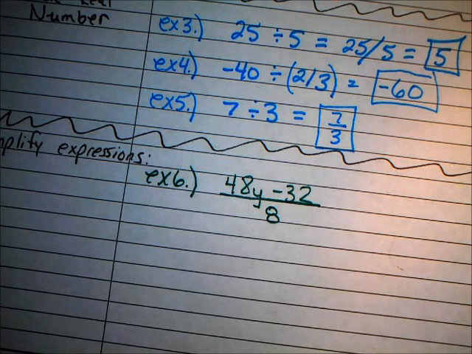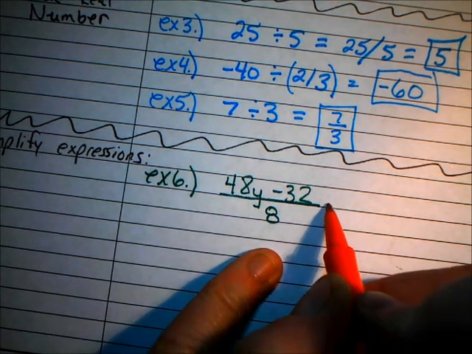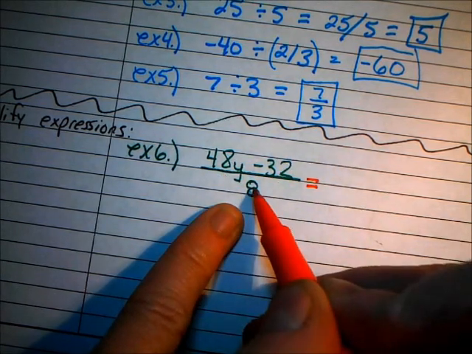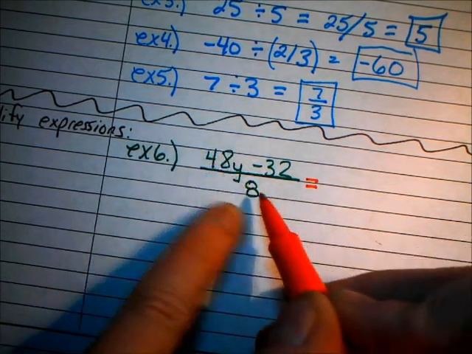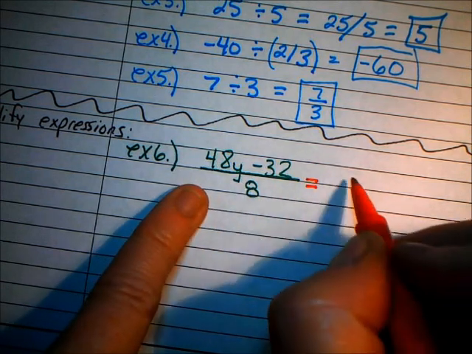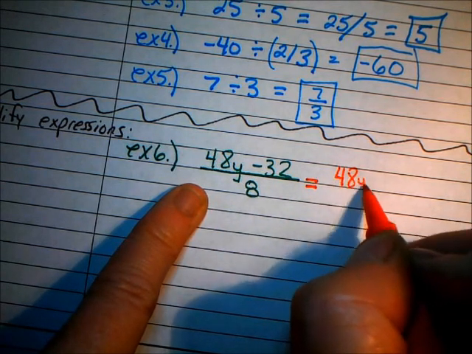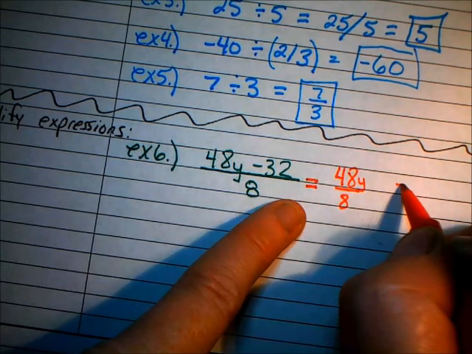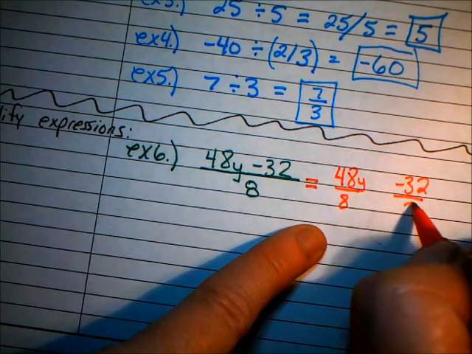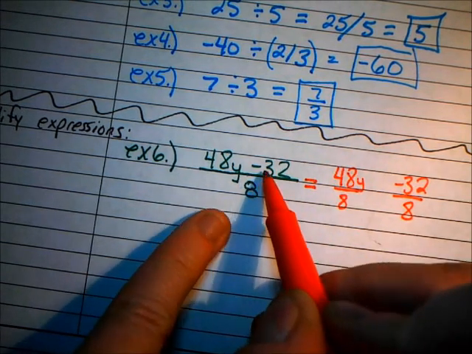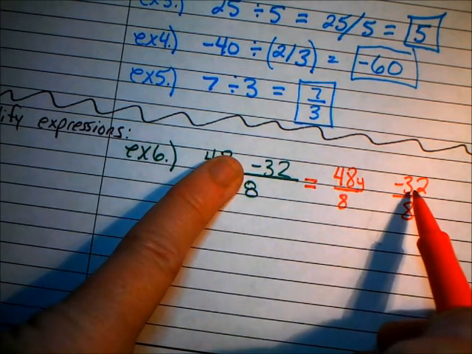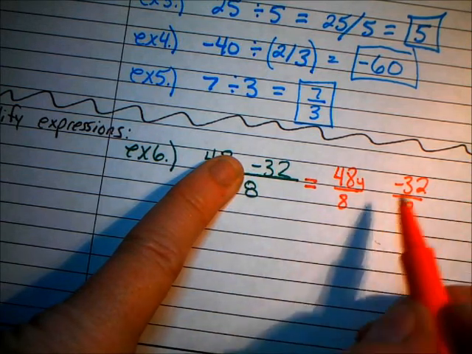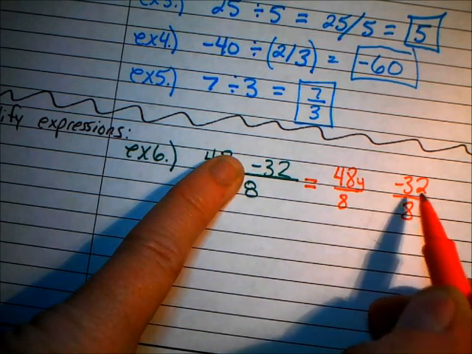This is a kind of compound expression. I'm going to visualize this as being separated into two fractions, so I'm going to put the 8 with the first term and the 8 with the second term, so that this is actually 48y divided by 8, and then negative 32 divided by 8. And realize the subtraction, I've placed it with my 32. I didn't leave it alone, it went with my 32, so I do not have a symbol here yet.